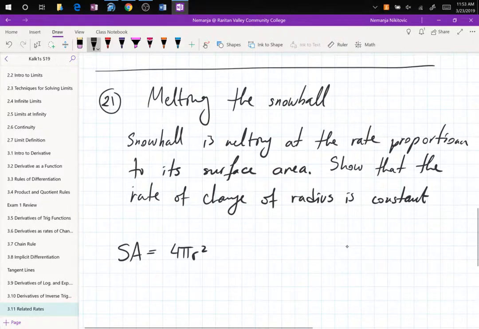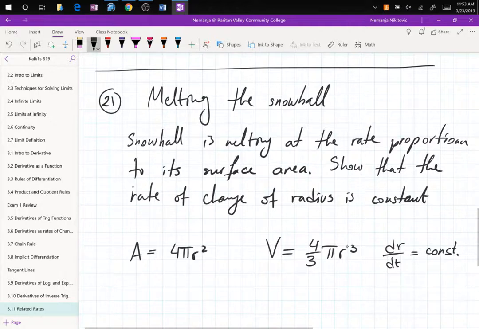I just learned it. I'm just going to call this area instead of surface area. The volume is 4/3 pi r cubed. They want to show that the rate of change of radius in time is constant. That's the goal.